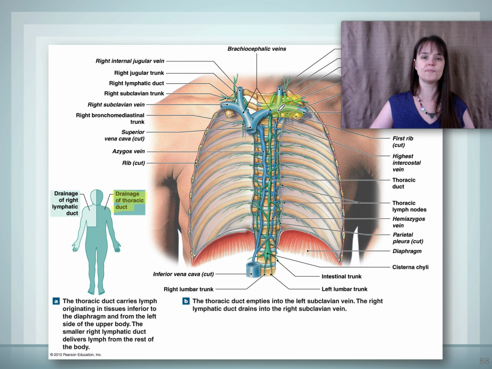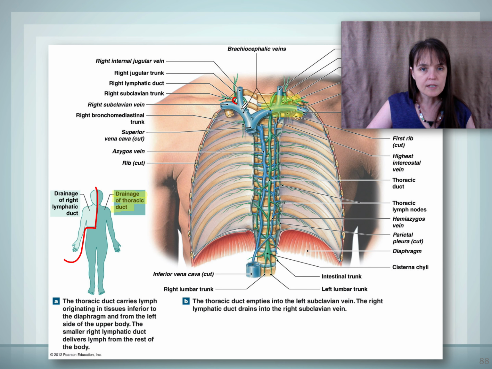Oh, lymph. Okay, let's have a brief conversation about lymph. Since we're not covering it, you will cover lymph more in micro with Dr. Z. So the lymph vessels, this quarter-ish of the body drains right here between the right jugular and the right subclavian.